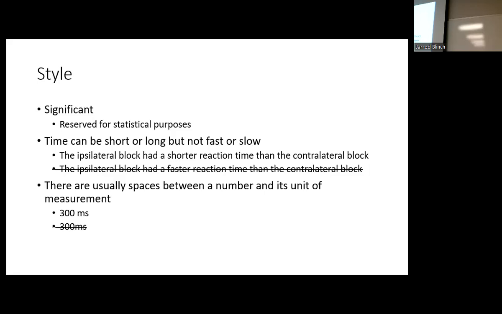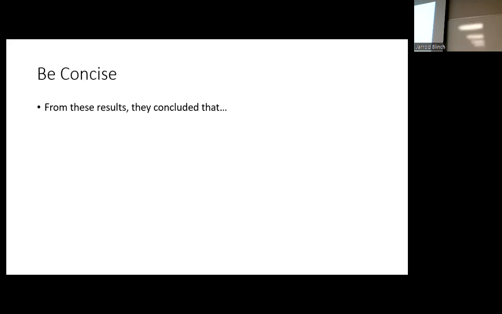But milliseconds, definitely there should be a space. Are we okay with these ones? I want to give a few examples of being concise, which is one of the cores of scientific writing. And these are from your papers, and I apologize and tried not to make it too obvious who they were from.